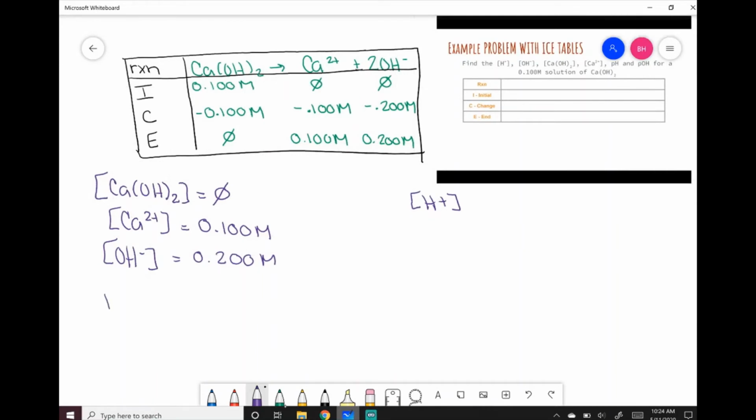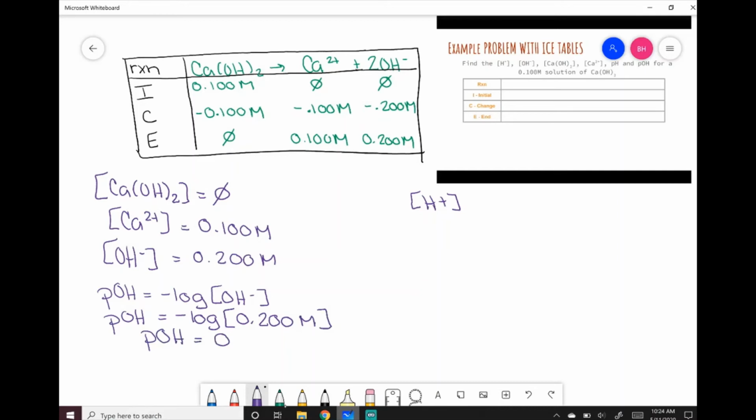So my pOH is equal to the negative log of the concentration of the hydroxide. So my pOH is going to equal the negative log of 0.200 molar. So I get my pOH to be 0.699.